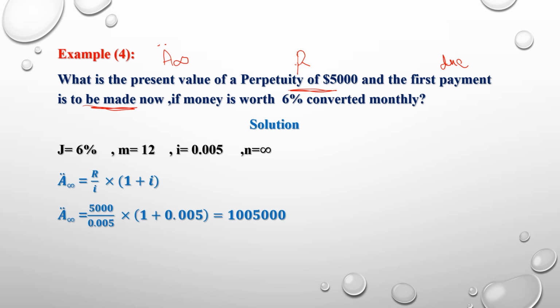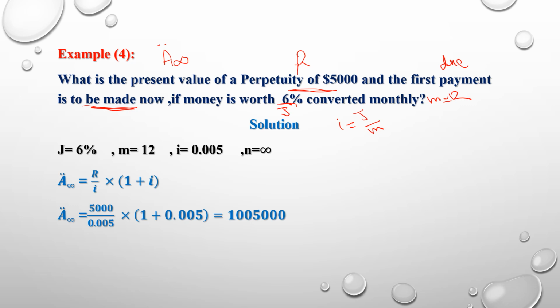And if money is worth 6%, so this is J, and converted monthly, so M equals 12. And I equals J over M. So 6% over 12 equals 0.005.